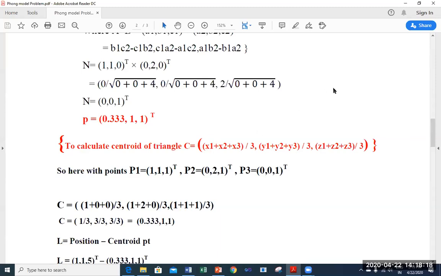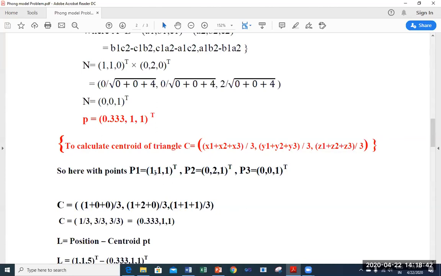Here the centroid of triangle A1 B1 C1, and similarly A2 B2 C2 plus A3 B3 C3, divided by 3. So with respect to your triangle points P1, P2 and P3, you have the values 1 comma 1 comma 1 and 0 comma 2 comma 1, 0 comma 0 comma 1.